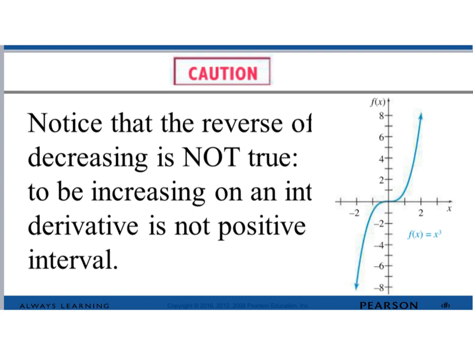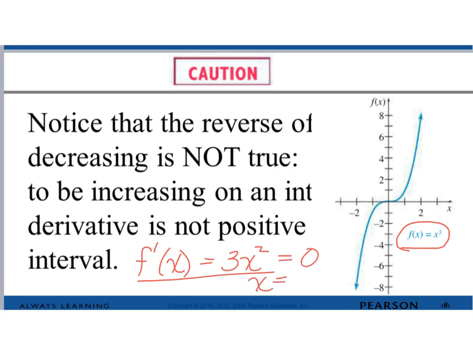For example, if we have f of x equals x cubed, f of x equals x cubed has the derivative f prime of x is equal to 3x squared. And because that derivative is equal to 0 only if x equals 0, notice that the derivative, other than that one point, is always positive.